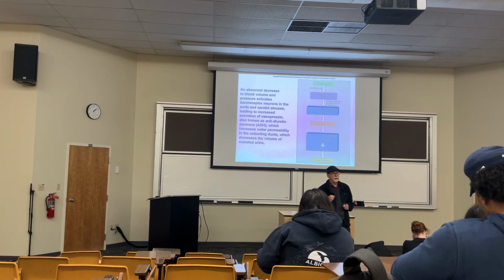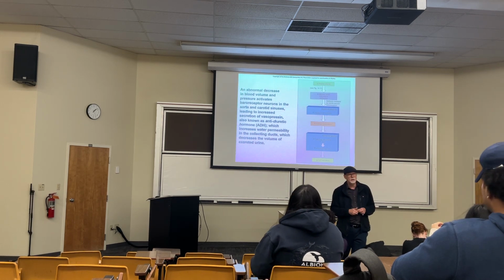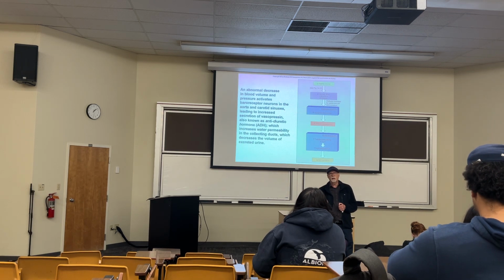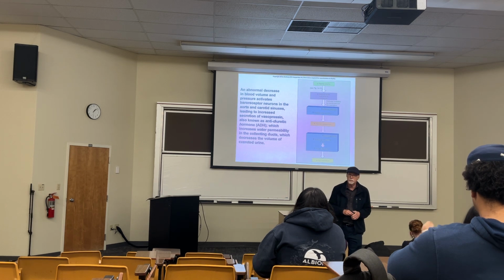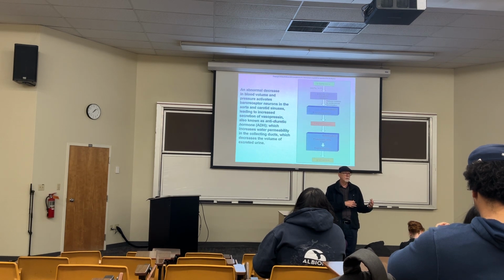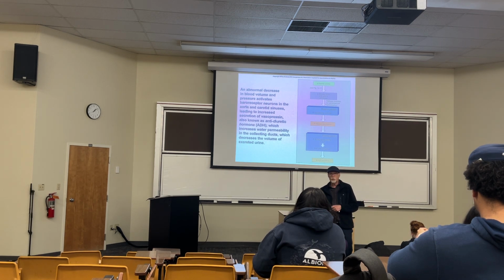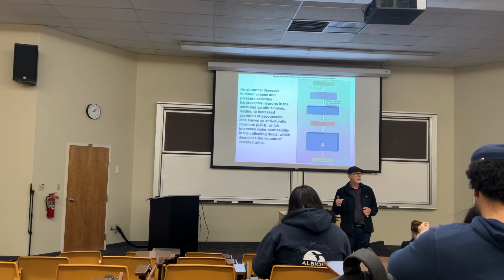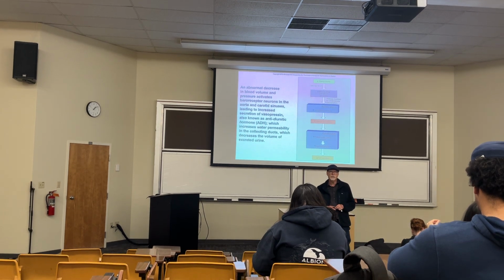The rest of the way, the distal convoluted tubule and the collecting duct, we can vary, we can change the amount of reabsorption. And much of this change is regulated by hormones. The two major hormones that are involved are aldosterone and antidiuretic hormone, or vasopressin as it's also known.